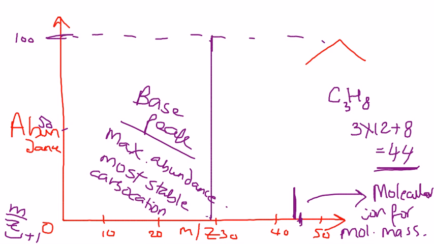Usually what happens is that when fragmentation occurs, the bonds cleave in such a manner that a neutral radical is produced, so the odd electron goes away that way, and a cation having an even number of electrons is generated.